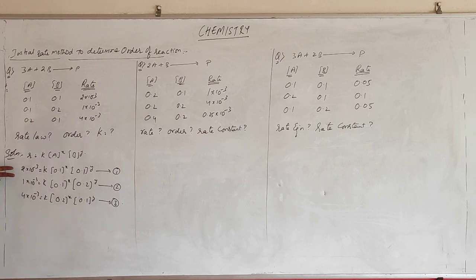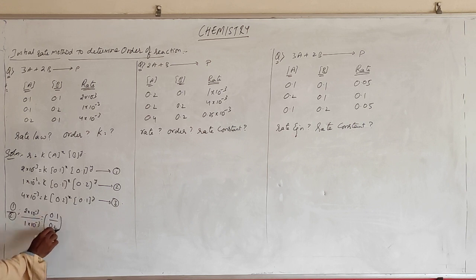Say you take equations one and two. If I take 1 by 2, k will be cancelled, 0.1 power x and 0.1 power x will be cancelled. So it is 2 into 10 power minus 3 by 1 into 10 power minus 3, equal to 0.1 by 0.2 whole power y. 10 power minus 3 cancels. So 1 by 2 whole power y is equal to 2.